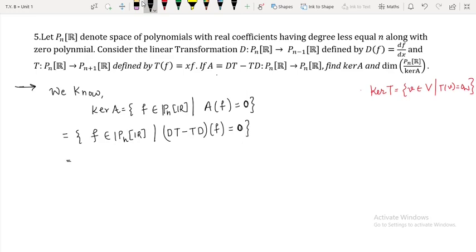So it is the set of all f belonging to Pn of r such that, putting that f inside, DT of f minus TD of f is equal to this 0 bar.